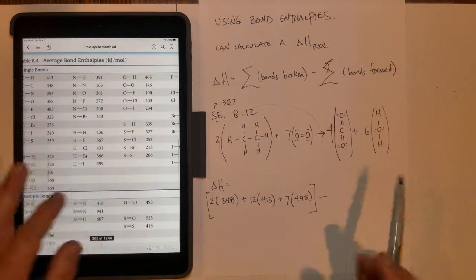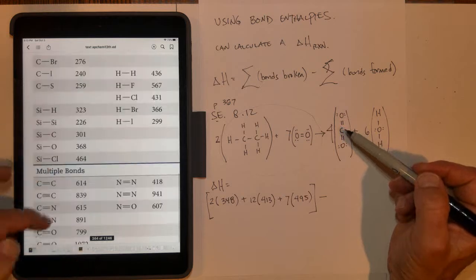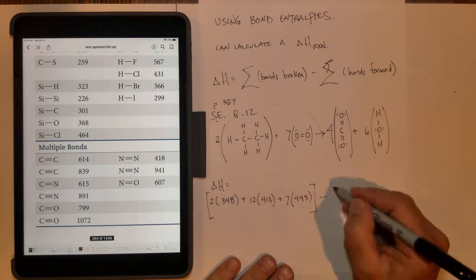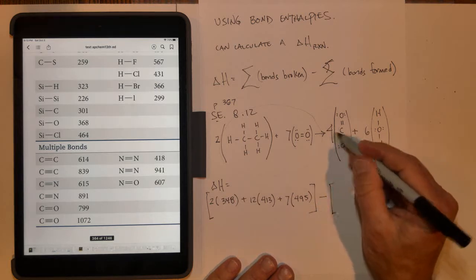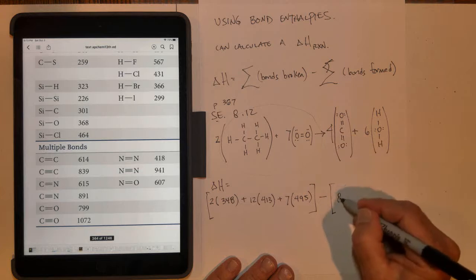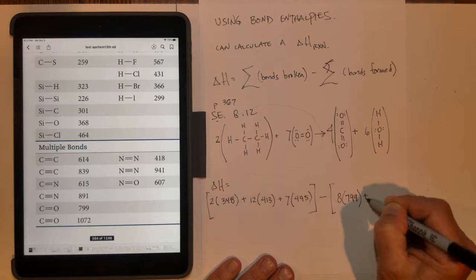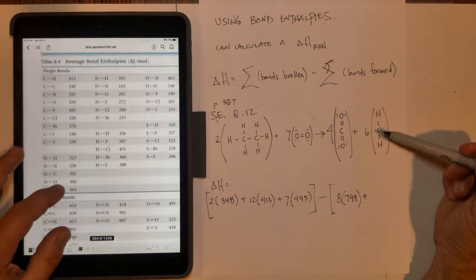My bonds that are formed are a carbon-oxygen double bond. And if I look right down here, here's a carbon-oxygen double bond, 799. Too bad they just didn't round that to 800 for us. So 2 in here and 4 of those molecules, so that's 8 times the 799. Plus, now I've got an O-H bond, 2 inside of this molecule.